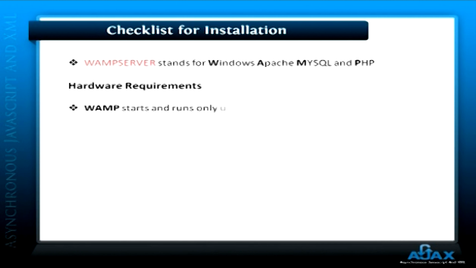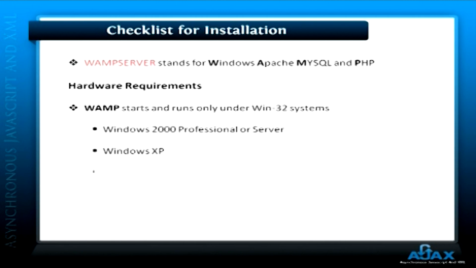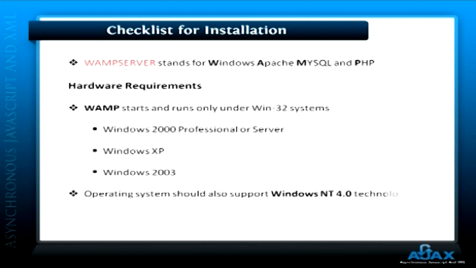WAMP starts and runs only under Win32 systems, like Windows 2000 Professional or Server, Windows XP, or Windows 2003. And the operating system should also support Windows NT 4.0 technology.